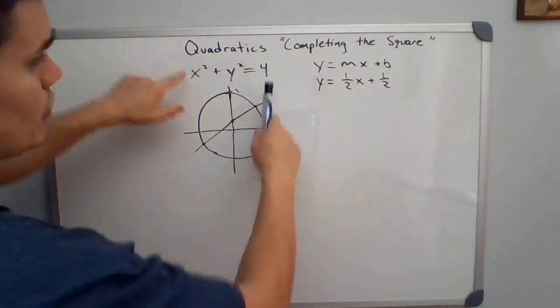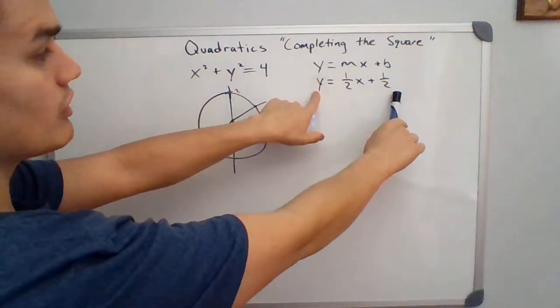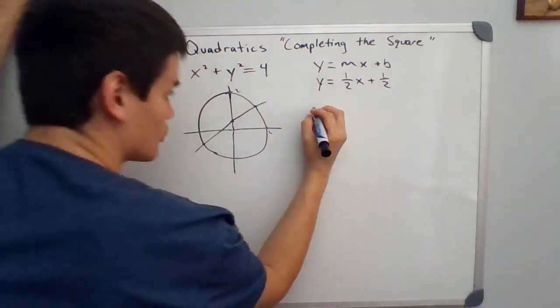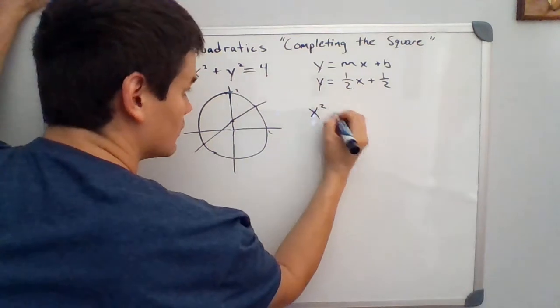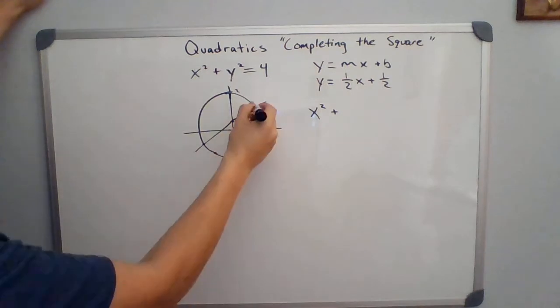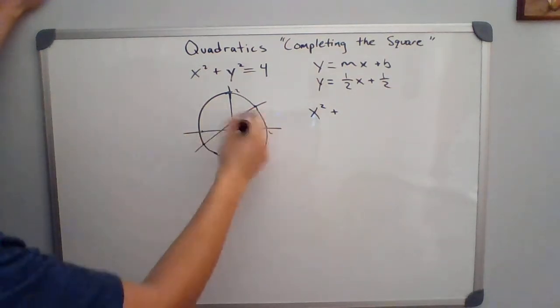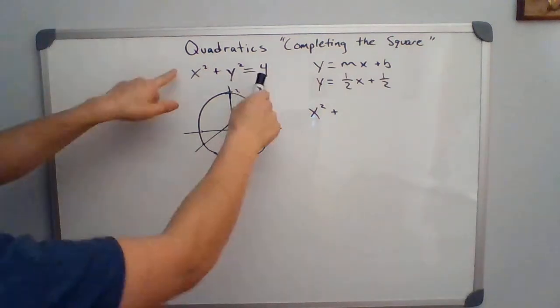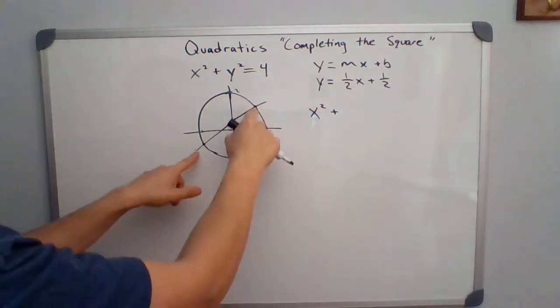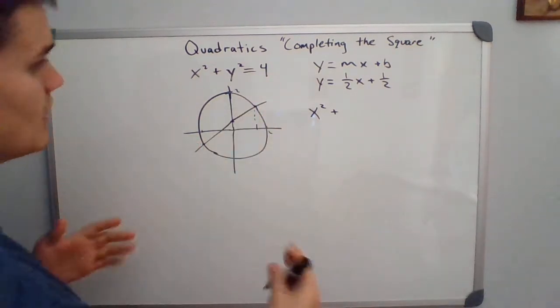And so what I can do is plug the equation for the line into my equation for the circle. When I solve it, it'll give me the x coordinates of these points. Then I can plug them either into the circle or into the line, because they'll have the same x and y coordinates, because that's what makes it an intersection point.